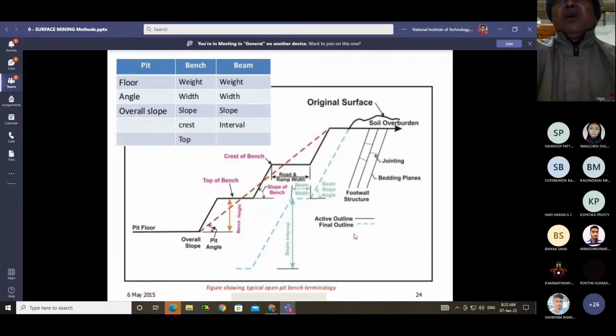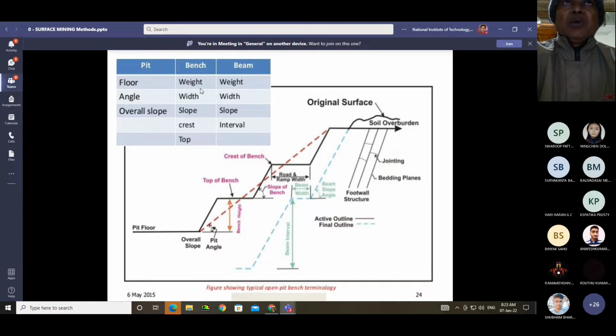Active outline is shown by these solid lines, and the final outline is shown here by this green color. So the pit is having a floor, the pit is having an angle of slope and overall pit slope angle.